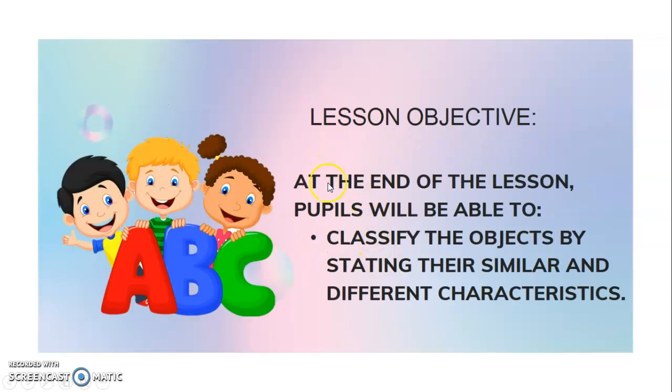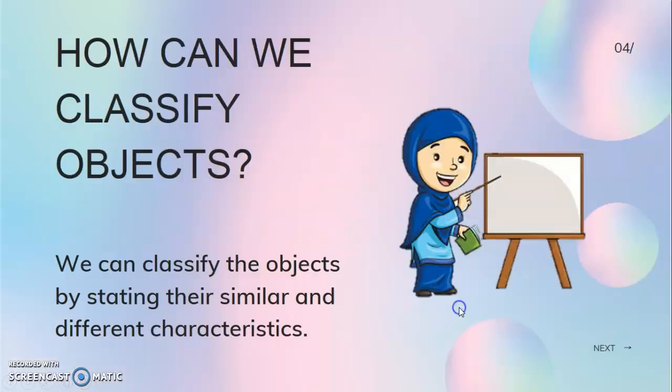Lesson objective: at the end of the lesson, pupils will be able to classify the objects by stating their similar and different characteristics. Di akhir sesi pembelajaran, murid-murid dapat mengelas objek dengan menyatakan persamaan dan perbezaan ciri-ciri objek tersebut.